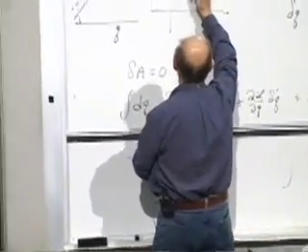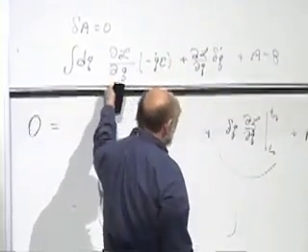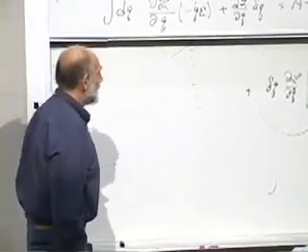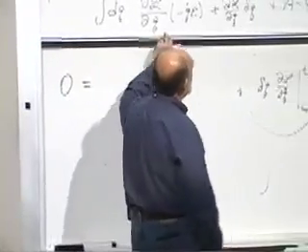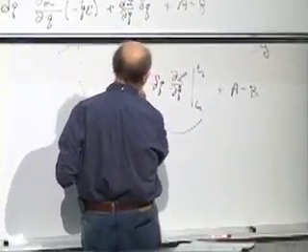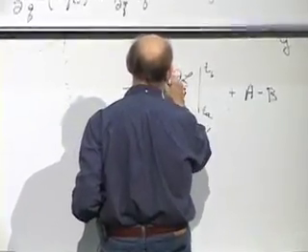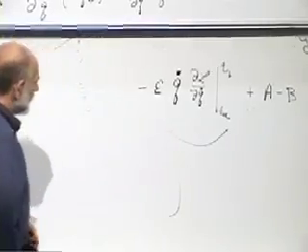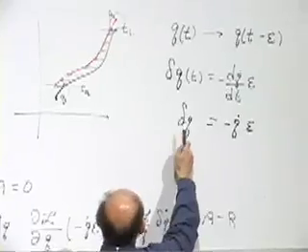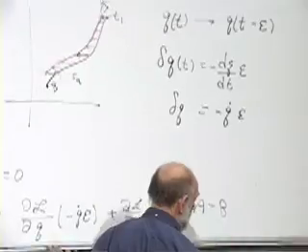Over here and over here, delta q is not equal to 0. But now we get this extra contribution over here. What is delta q? Delta q is minus epsilon times q dot. So we can put a minus sign here and epsilon times q dot. Where did the q dot come from? The q dot came from the fact that the variation in q is proportional to q dot.